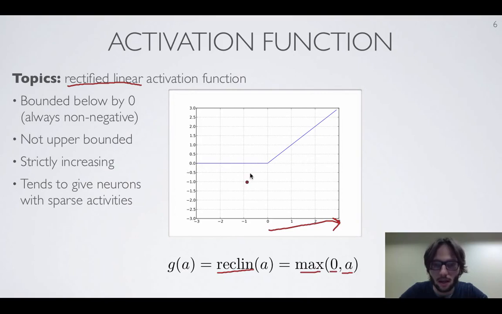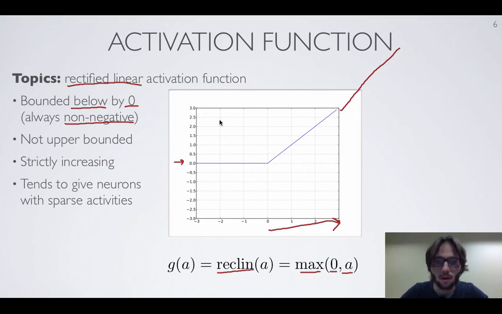So it's a horizontal line, and if the input is negative, it always outputs 0. So here it's only bounded from below by 0, so it's always non-negative. It's not upper bounded because the greater the pre-activation here, the greater the output will be.